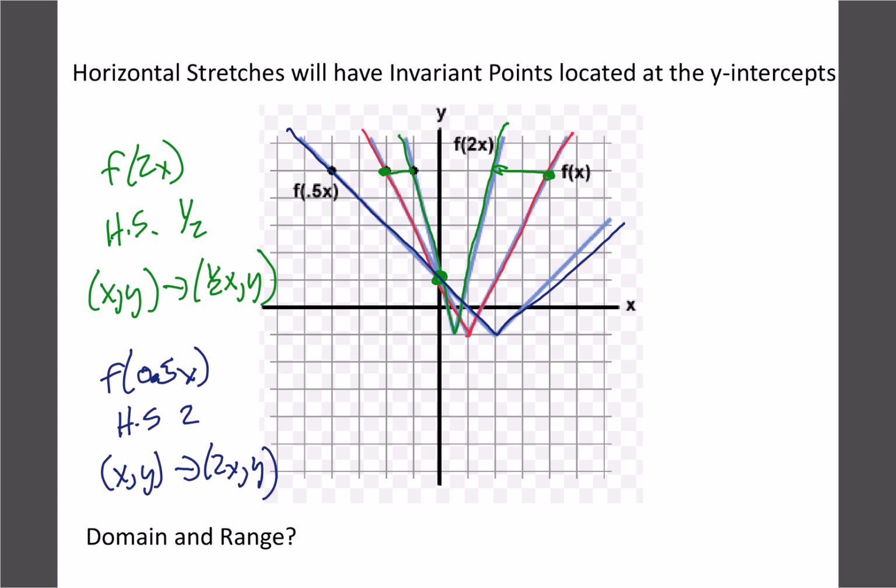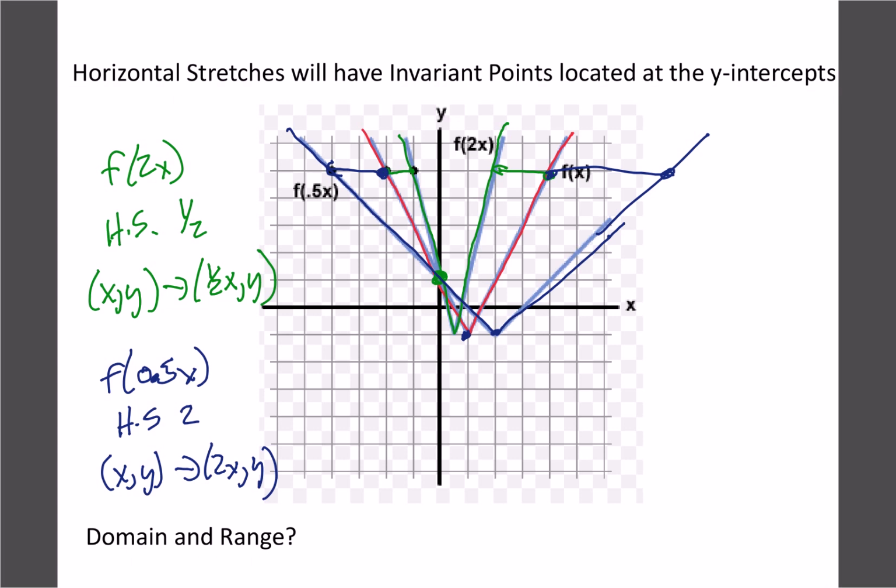The original red one at -2 is now moved to -4. The original one at +1 is now at +2. You can't really see this one, but if we extended the graph, this one would be over twice as much, to 8 as well. So it works the same way, just be careful of that fraction thing.